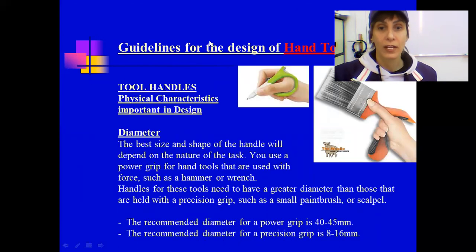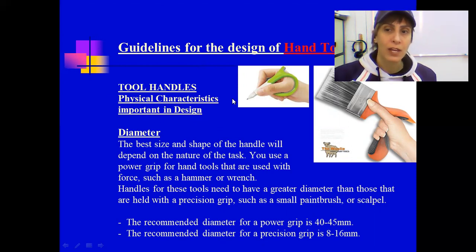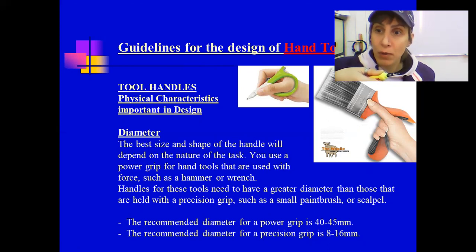Now, tool handles, the physical characteristics that are important in design. Physical characteristics, remember this, okay? We are talking about the physical characteristics only, about handles now, because why is the handle so important? The handle is the place where the tool comes in contact with the human body.